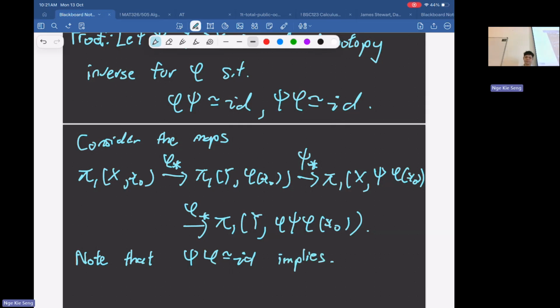What does this imply? Injective, more than that.